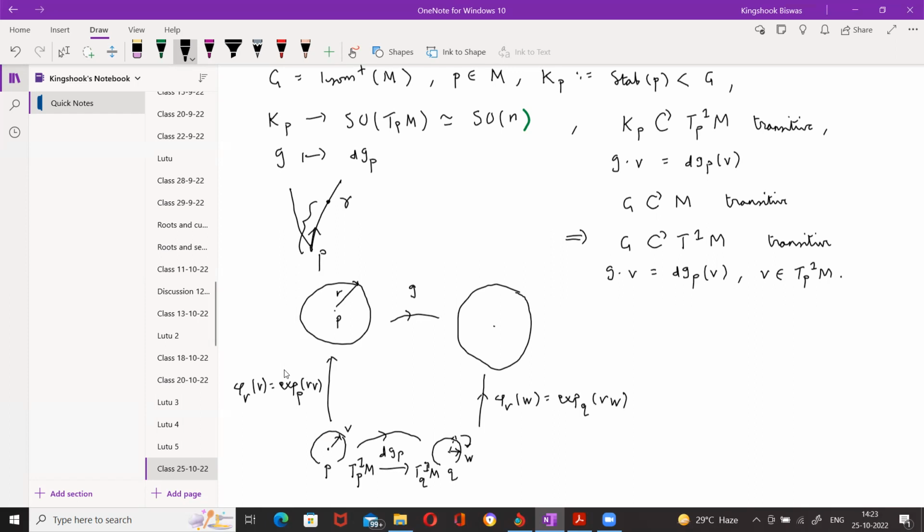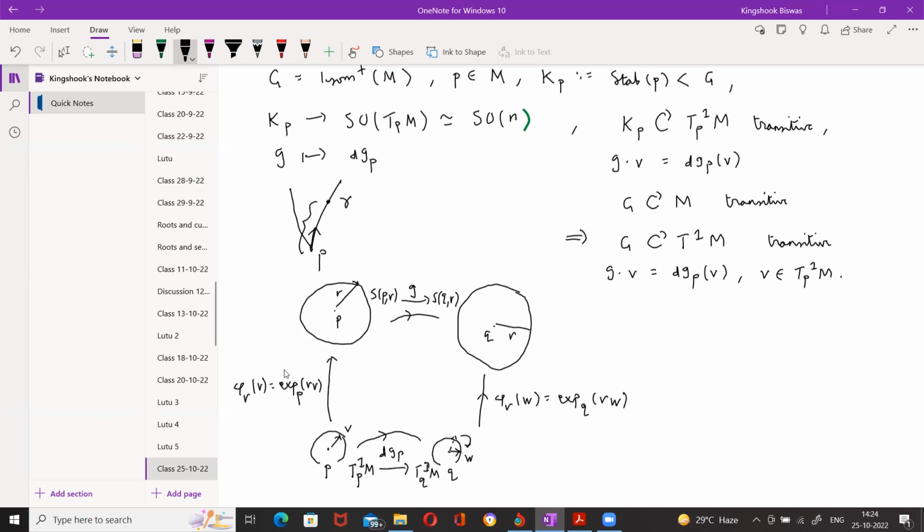And this G I can see as going from the sphere of radius r around P to the sphere of radius r around Q. Okay. And this diagram commutes, right? Is that clear?